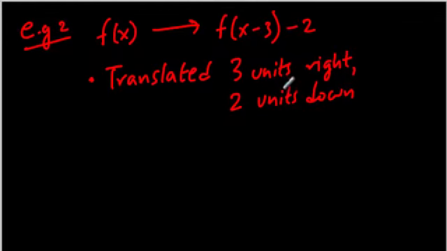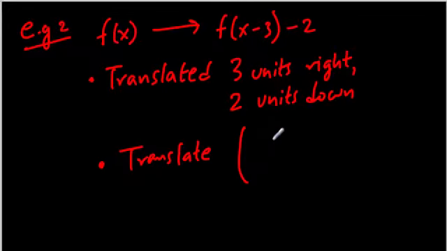We can write it in words, or another way of writing it is simply to say translate, and then write it in vector form. If it's 3 units right, it's simply 3, and if it's 2 units down, that's -2. And that's it. So you can either write it in words like that, or simply write it in vector form.